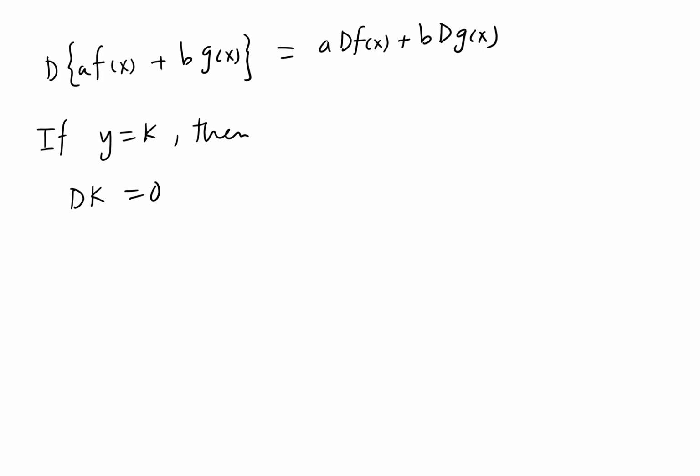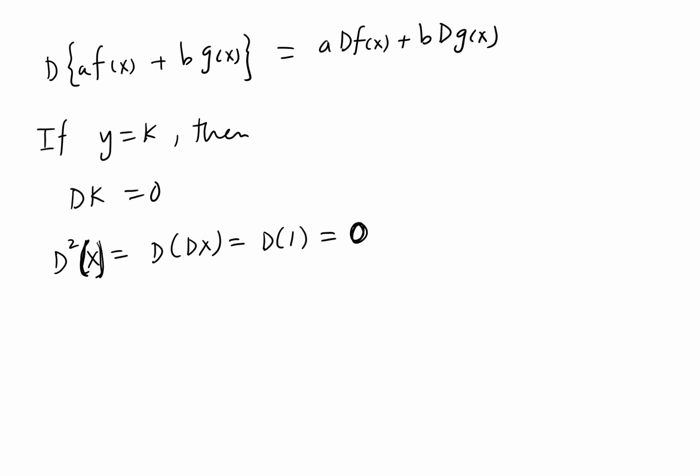If I apply D twice to x, the first time gives us 1, and the second time gives us 0. So we say D squared is the annihilator of x. Whatever transforms that function into 0 all the time is called an annihilator. So D squared is the annihilator of x, and D is the annihilator of k.